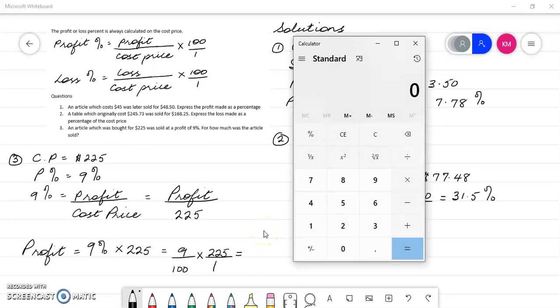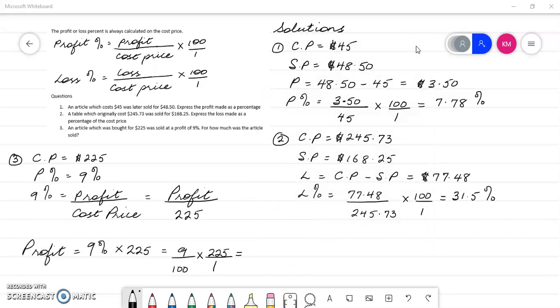So it's 9 multiplied by 225 divided by 100, and you are going to get 20.25. So that is going to be $20.25, and that is going to be my profit.